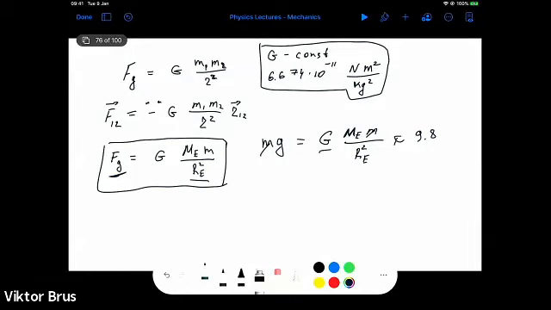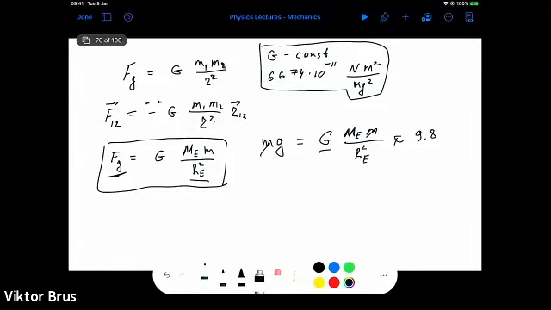Again, it's considered to be uniform all over the Earth's surface. However, as we mentioned earlier, because of the deviation from an ideal sphere, the acceleration of free fall is a bit larger on the equator. However, it's not so essential.